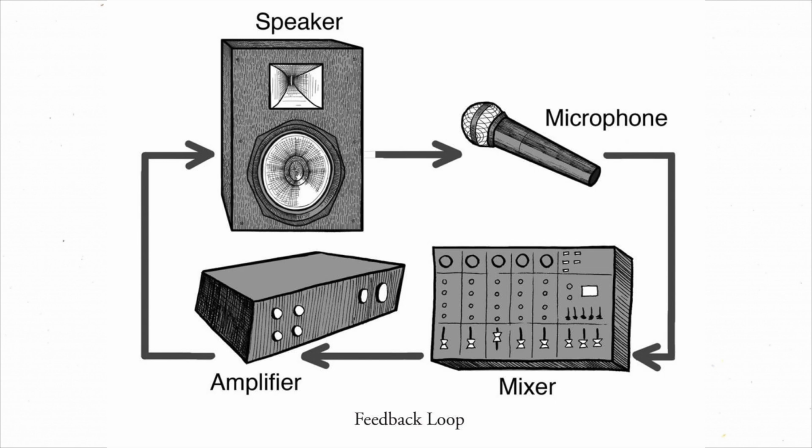When left unchecked, this loop becomes perpetual and causes that distinct screech or howl through the sound system as the exact same audio signal is being reinforced over and over again.